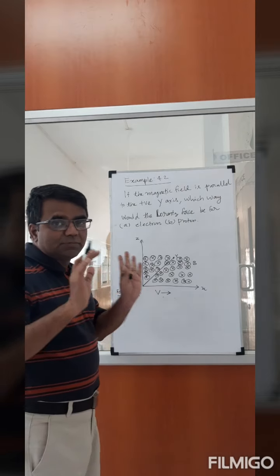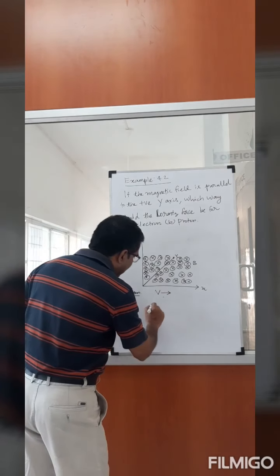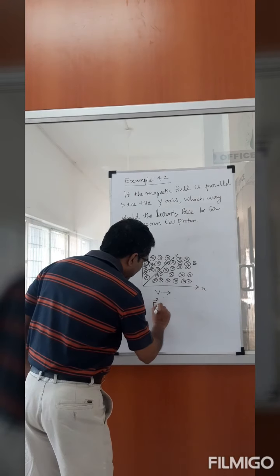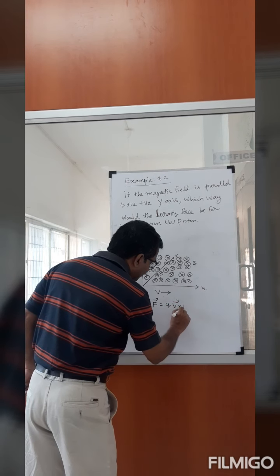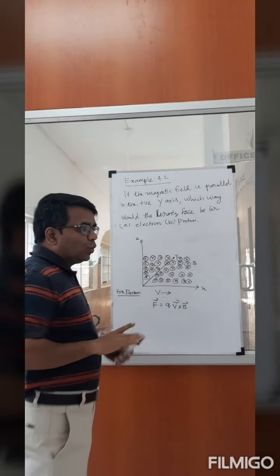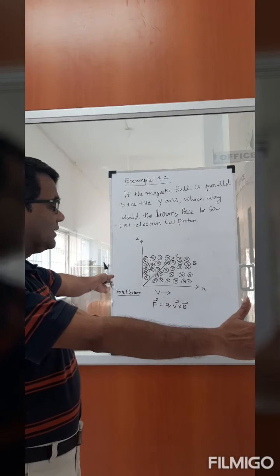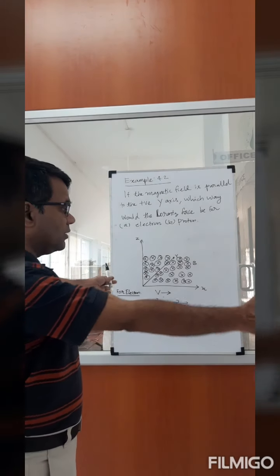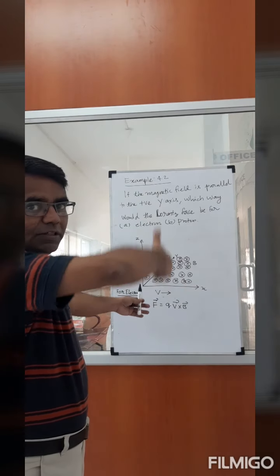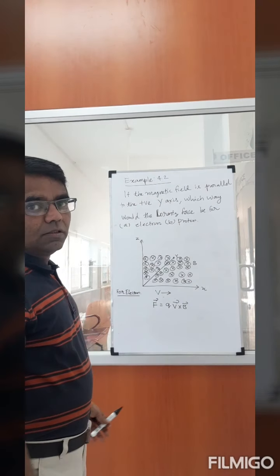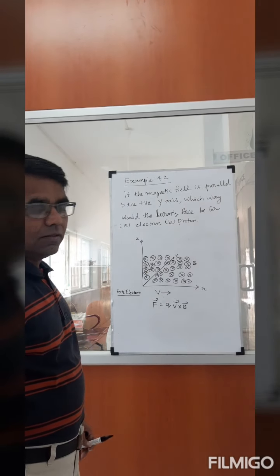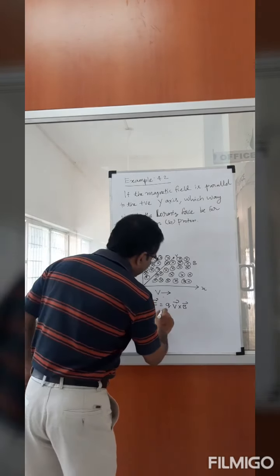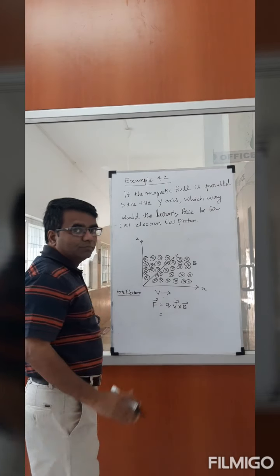what is the force experienced by the electron? F is equal to Q times V cross B. V is in this direction, B is in this direction, so V cross B will give me the upward direction. So V cross B is upward. But what about Q?